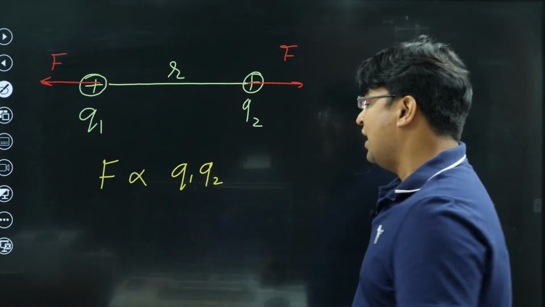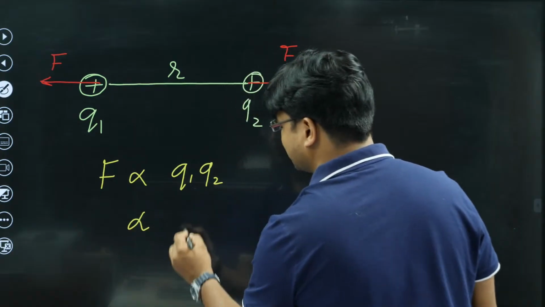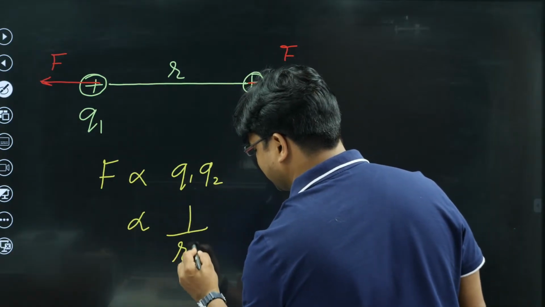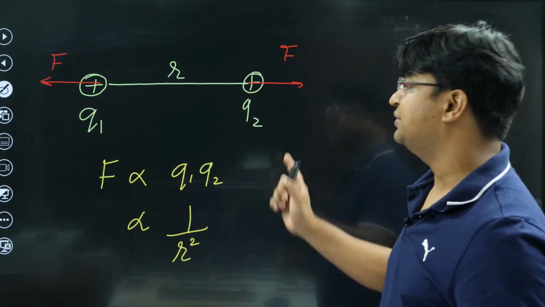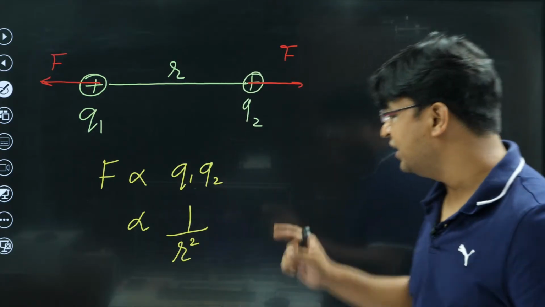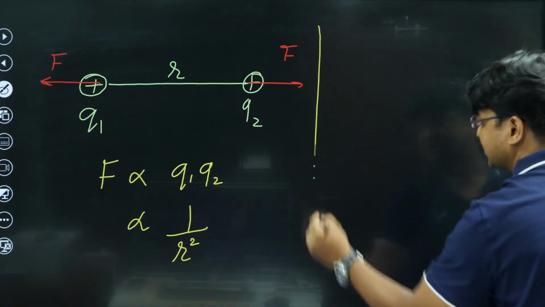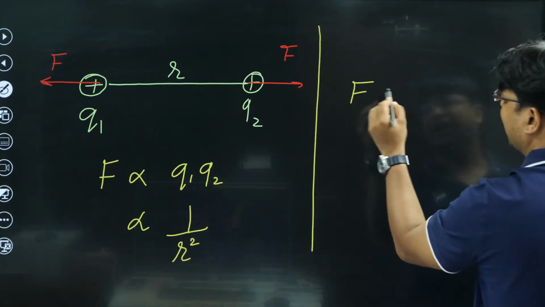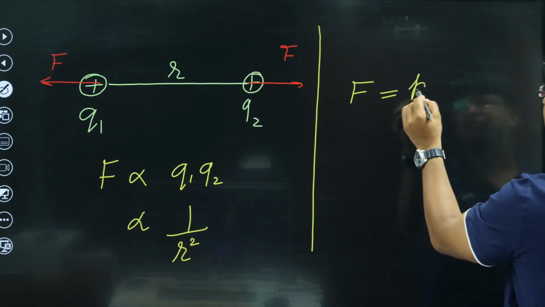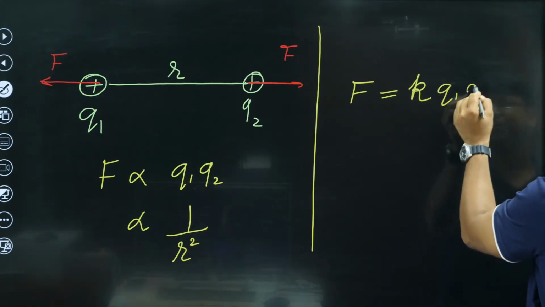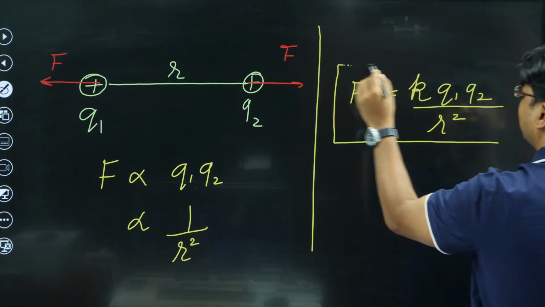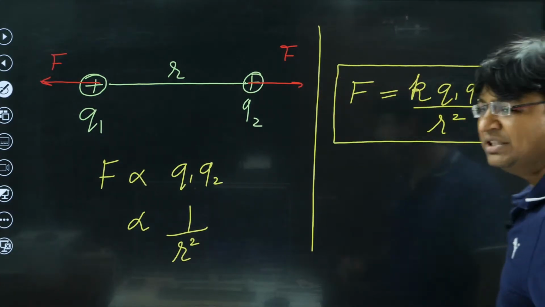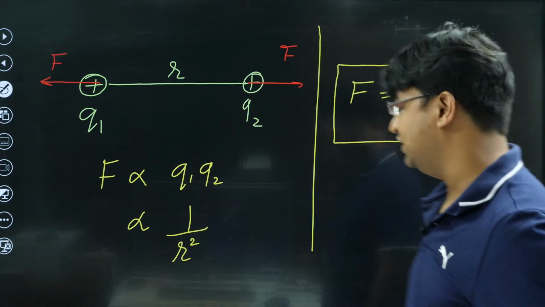Experiments have also shown that this force is inversely proportional to the square of the distance between the particles. When we combine these two results, we discover that force is some constant times q1 q2 by r square. This is how we write the force that these particles will exert on each other.